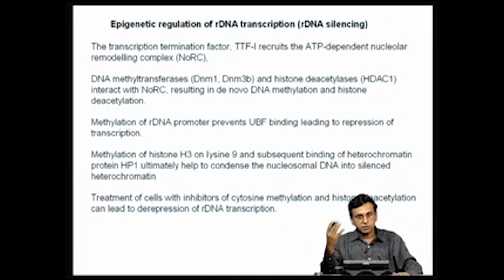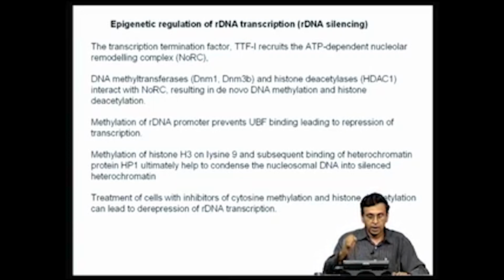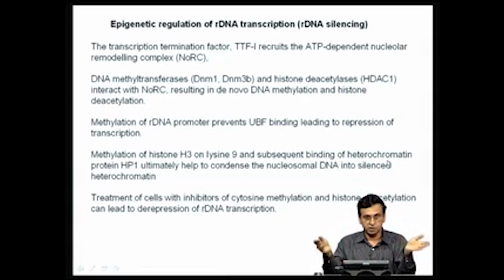It involves the transcription termination factor 1, which recruits a chromatin remodeling factor called NoRC, the nuclear remodeling complex, and this complex interacts with specific DNA methyl transferases as well as a histone deacetylase called HDAC1. As a result the rRNA promoter is methylated and the histones in the promoter are deacetylated, and this prevents binding of UBF to the methylated promoter, and as a result RNA transcription is suppressed.